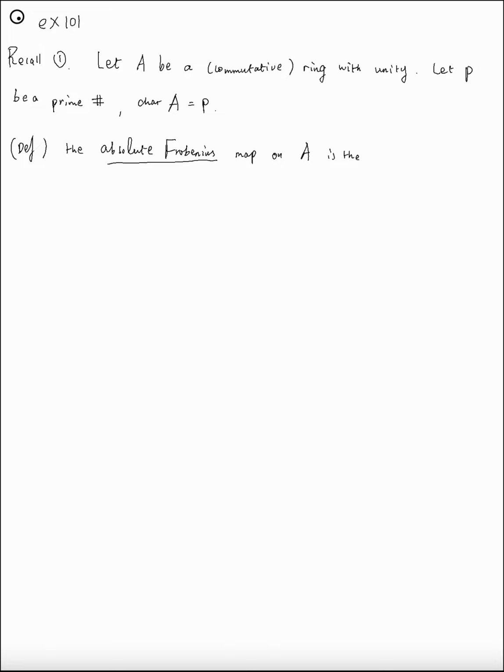Because this is characteristic p, this is moreover a ring homomorphism. In general it's only multiplicative, but here it is also additive thanks to characteristic p.